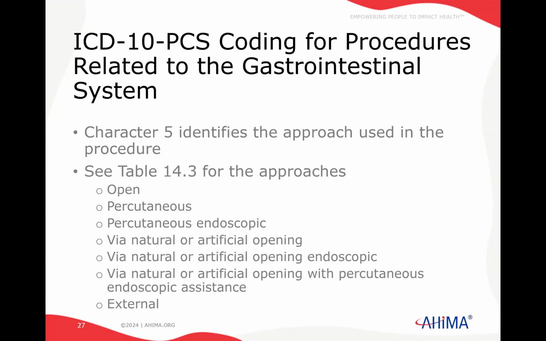You could do something through a natural opening or through a natural opening endoscopic. Or you could use a natural or artificial opening with percutaneous endoscopic assistance. Or it could be something that's done externally.